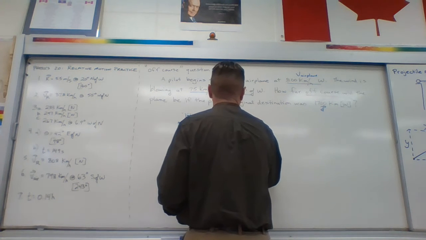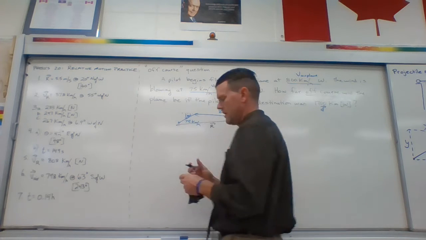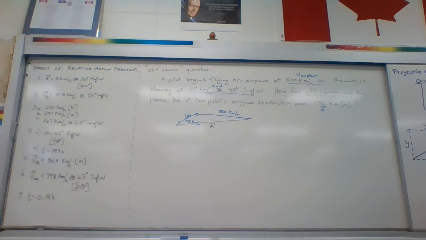And so his resultant is going to look something like this. That's sketching what's going to happen if he doesn't change anything. Now, with these parameters, how do we determine off course?